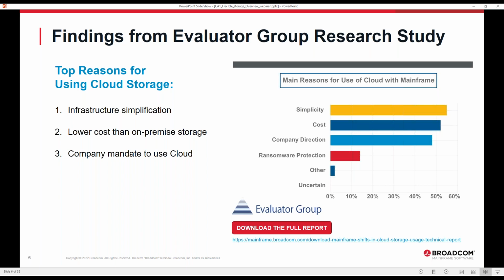The first is that customers like yourselves were looking at cloud storage to simplify their infrastructure. Second was that in some cases, cloud storage could actually provide them a lower cost than on-prem storage. And then, of course, addressing some sort of company mandate to use the cloud in a meaningful way.